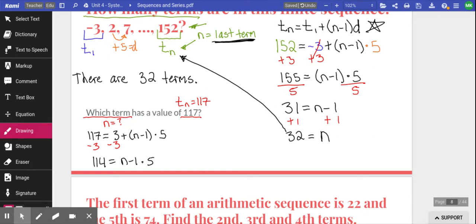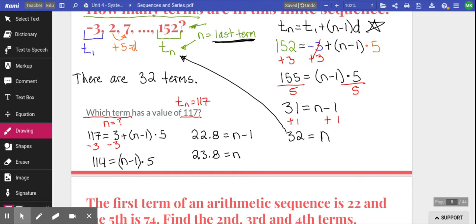If I go 114 divided by 5, I get 22.8 equals n minus 1. I add 1 to both sides. I get 23.8 equals n. Now, n has to be a whole number, right?